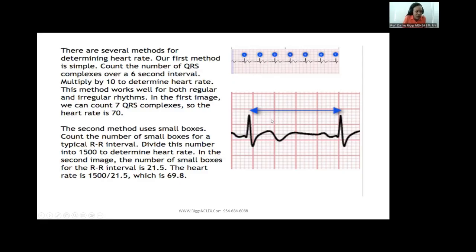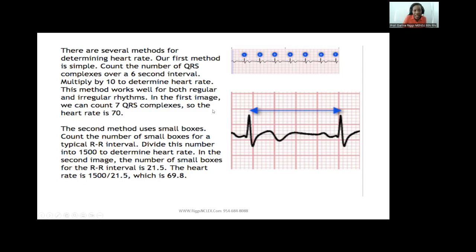So this is very simple. 5, 10, 15, 20. That makes it very easy because these are large boxes, and then you can count the little boxes. So this would be 22, right? 5, 10, 15, 20, 21, 22. Okay? And then you divide 1500 by that. This is a standard number. It doesn't change. So that's one way.